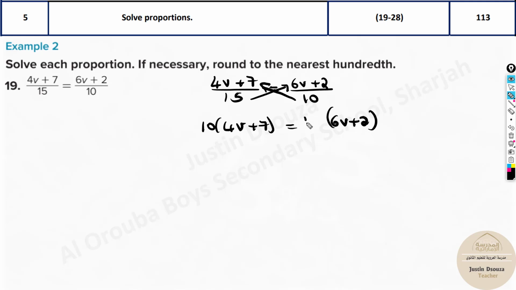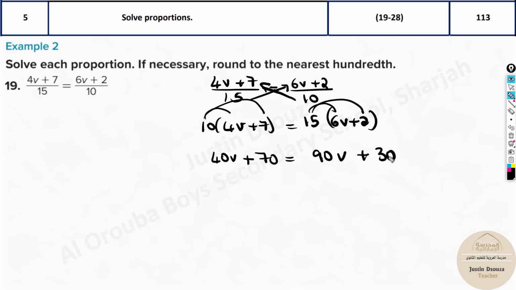Now we do the distributive property, multiplying inside to both the terms, as taught in the previous question. Multiplying 10 inside, it will be 40v plus 70, equal to 15 times 6, which is 90v, plus 30.